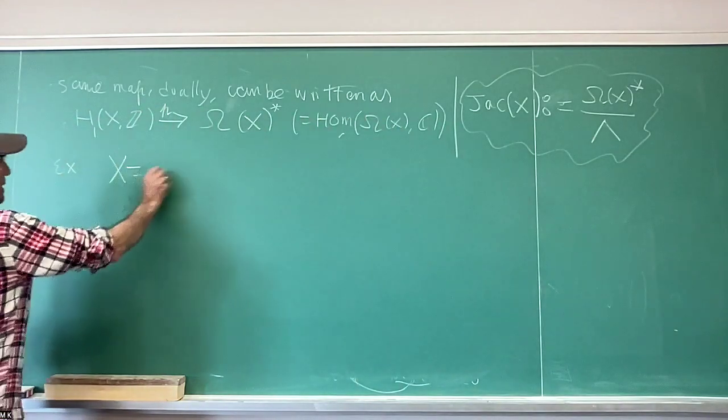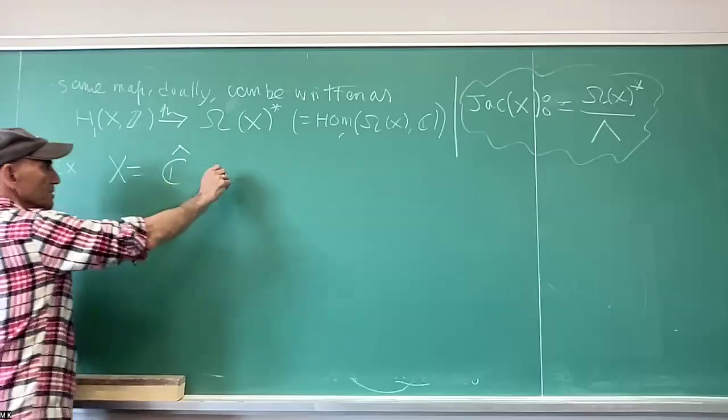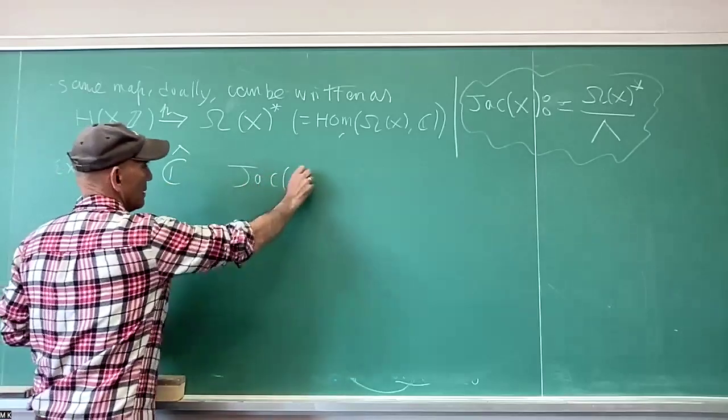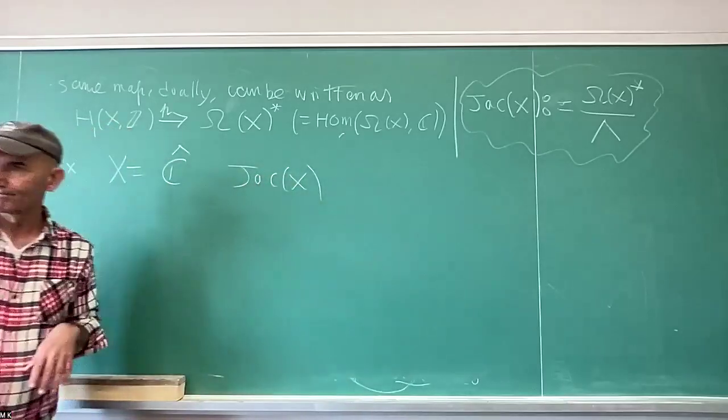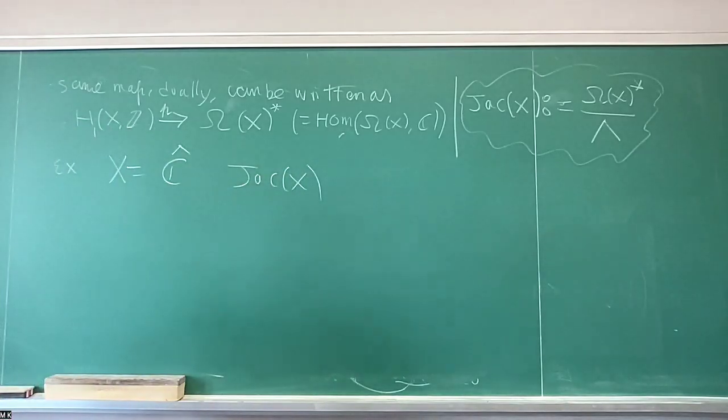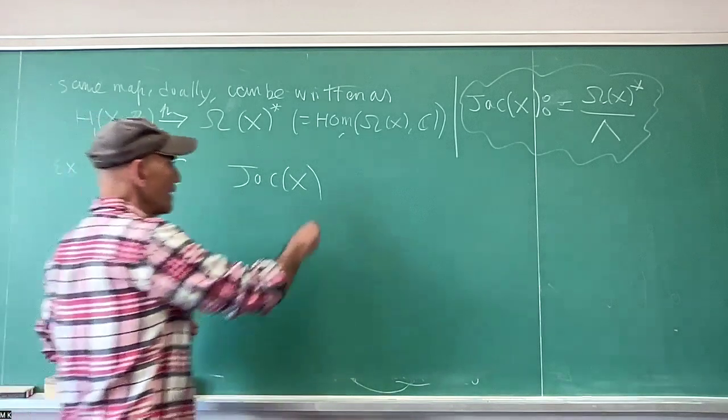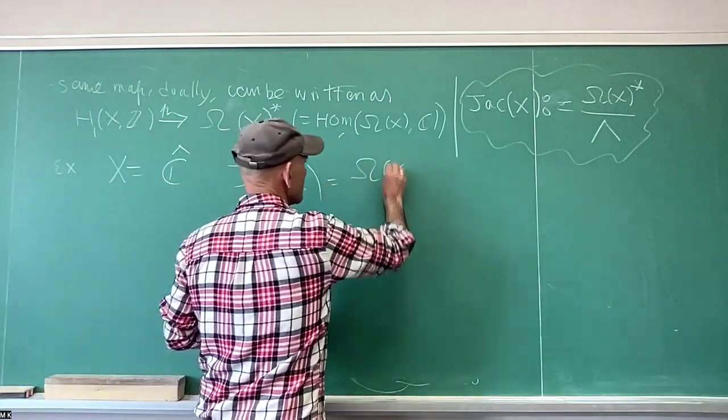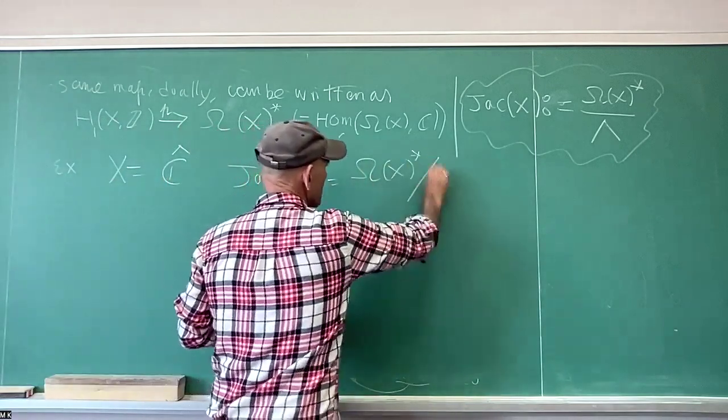Example one: X is C hat. What is the Jacobian of X? That's the most important example everyone should do. All the time, you check everything that you know against this trivial example. So what is the Jacobian of X? You have to take omega of X, the star, divided by the period lattice.